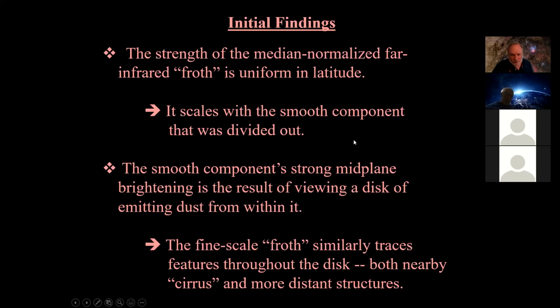And so when the smooth component gets divided out, it equalizes with the stuff at the higher latitude. And so the smooth component, as I tried to show you with that diagram, that strong midplane brightening is the result of viewing a disk of emitting dust from within it. And so that's what we're probably seeing with the froth.